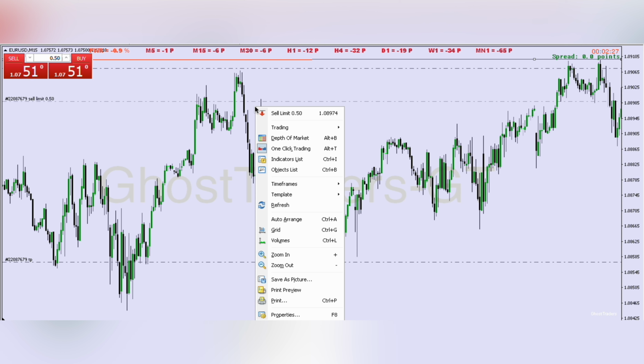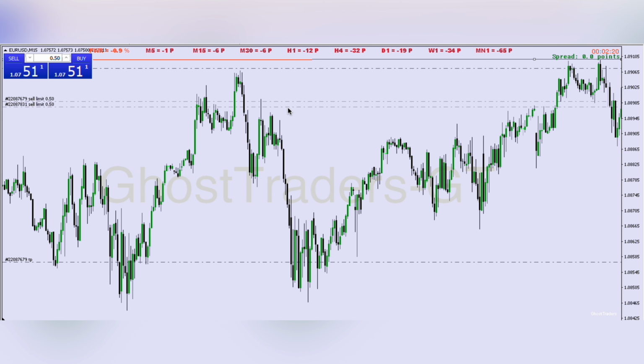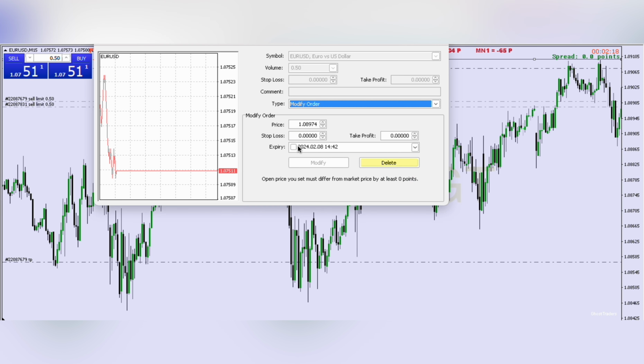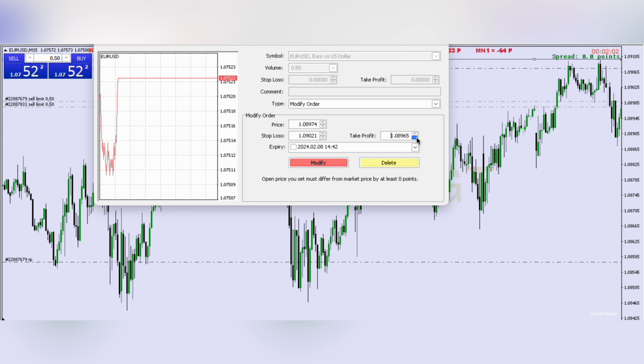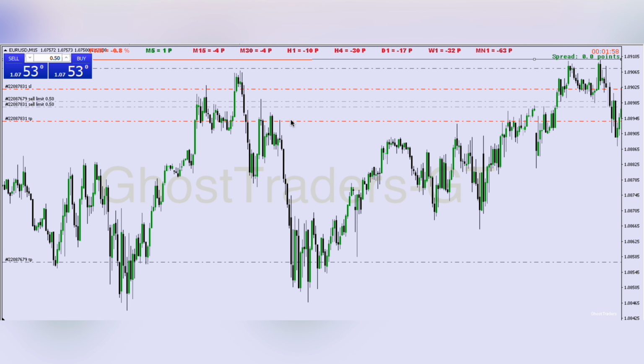So we can now come again and say sell limit, and then we modify that sell limit. Okay, so these are take profit here.